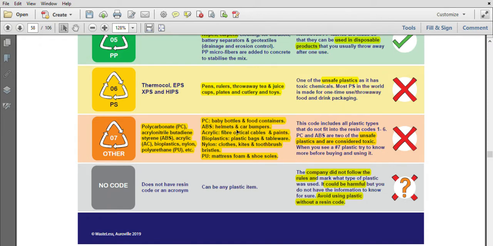Acrylic is used to make fiber optic cables and paint. Bioplastic is used to make plastic bags and tableware. Nylon is used to make knits and toothbrush bristles. PU is used for mattress foams and shoe soles. These unsafe plastics are considered to be toxic. No codes: if there are no codes, it means the company does not follow the rules, and it could be harmful. Avoid using such plastic.